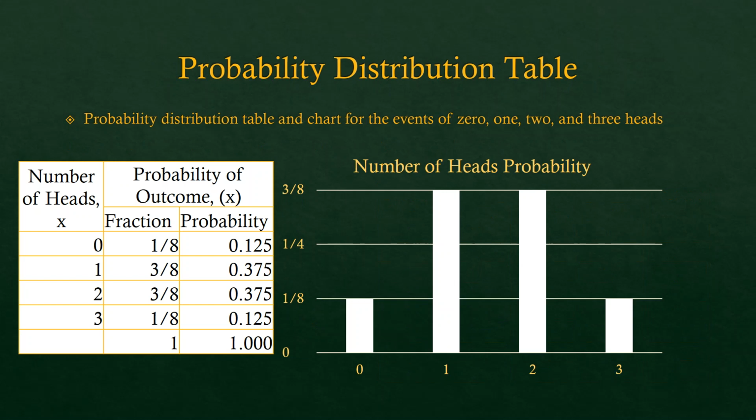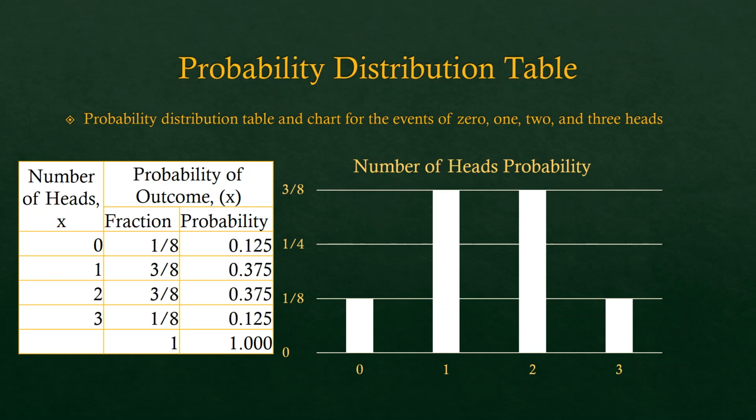The number of times heads occurred 0 times was 1 out of 8. The number of times heads occurred 2 times was 3 out of 8. And the number of times heads occurred 3 times was 1 out of 8, which I was talking about before, which is 0.5 times 0.5 times 0.5.